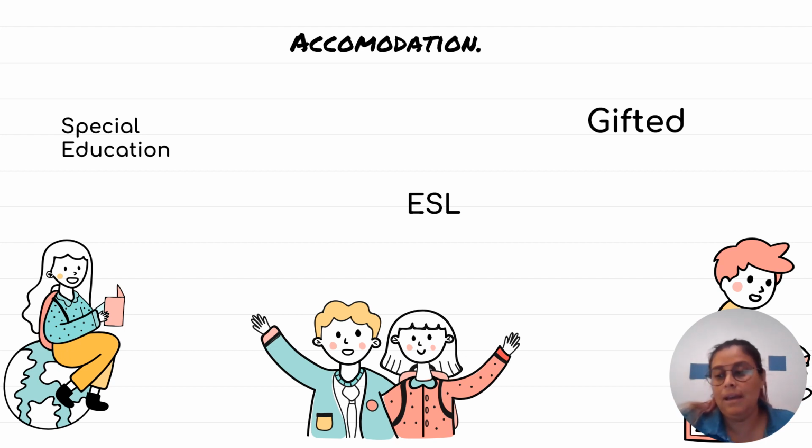We can already have the shapes colored for them, cut out, and even in color already. They do not have to be the ones doing it. So we can have pre-cut assignments. We can help them accommodate.